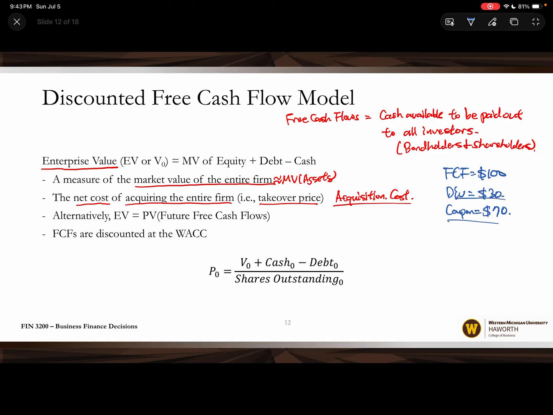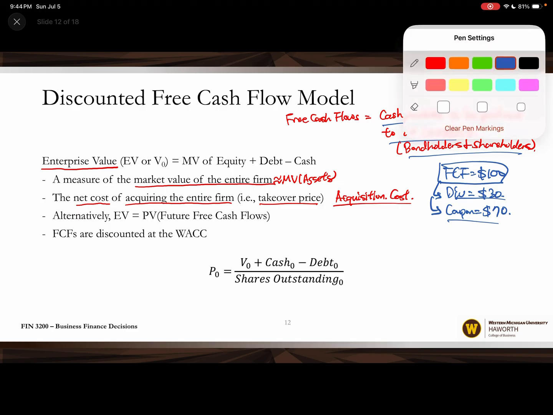That's just a rough illustration, showing you that free cash flows go to both types of investors, shareholders and bondholders. That's the key. So cash that's available to be paid out to all investors is the free cash flow.